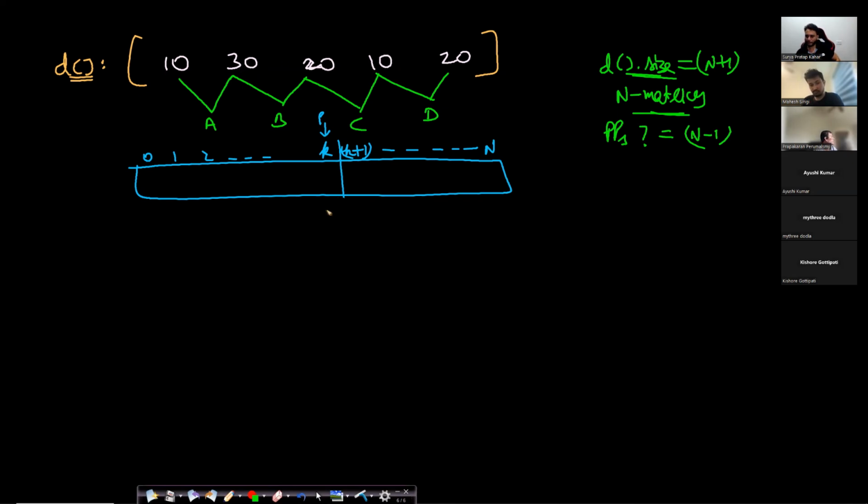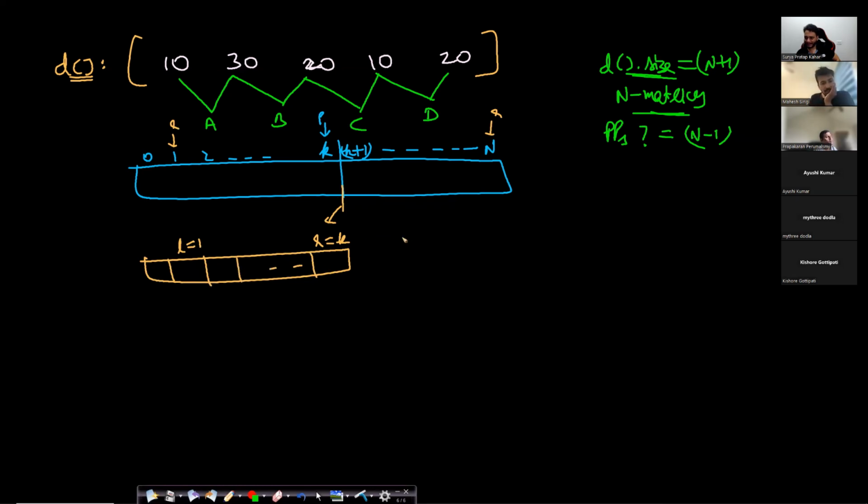So let's see. If you are dividing here, and the L value was here and the R value was here, then on the left side you will have L value equals 1 and R value equals K. And on the right side, this will be the array. Actually, there is no such division; it is just like merge sort.